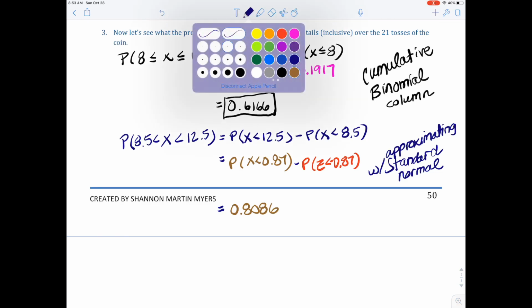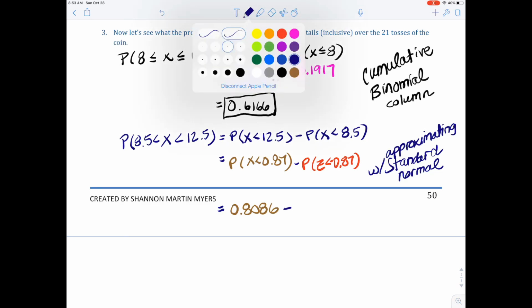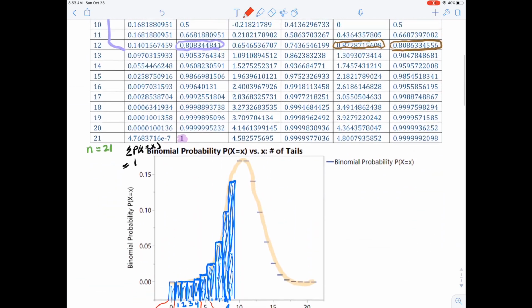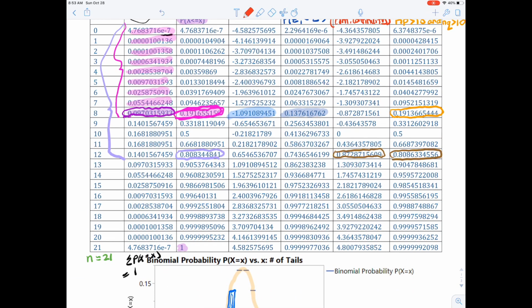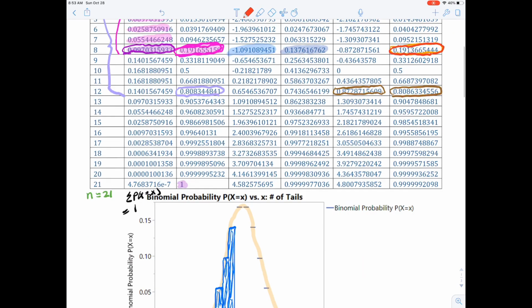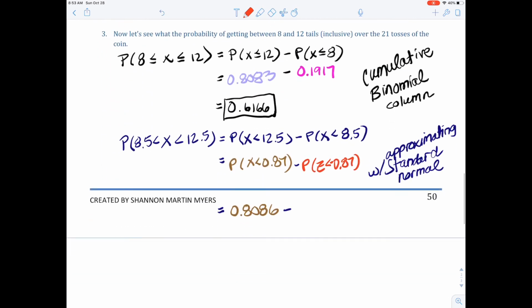And we'll subtract from that this other probability. And that other probability we had already found right over here, and that is 0.1914, sorry.